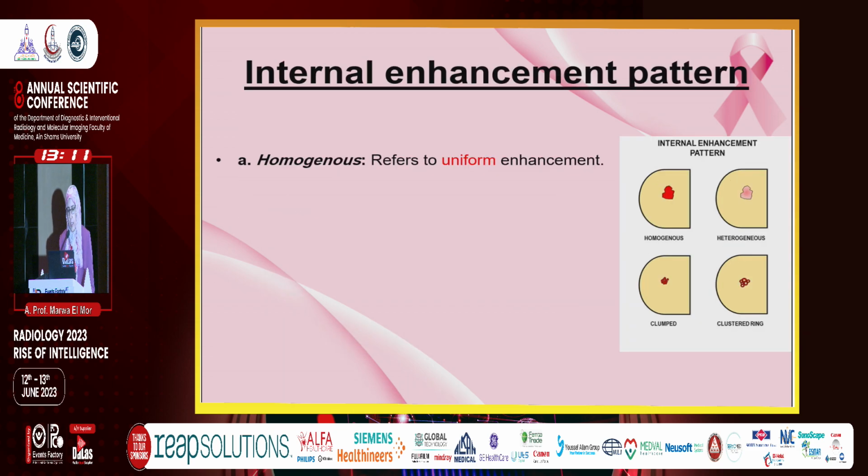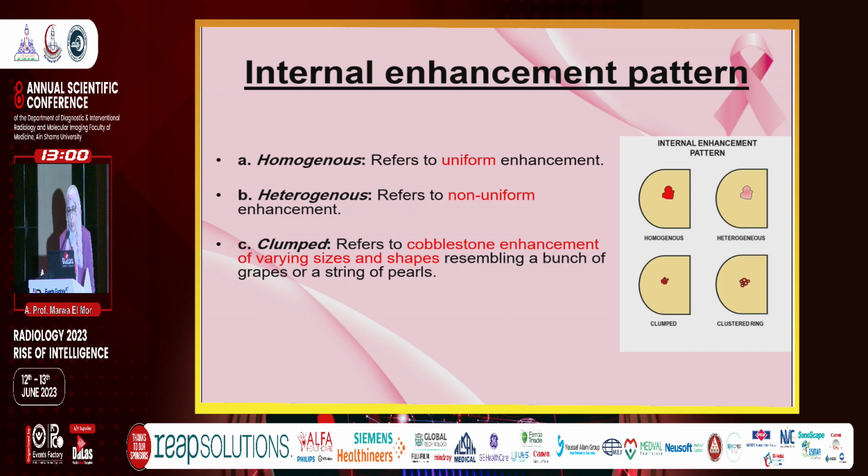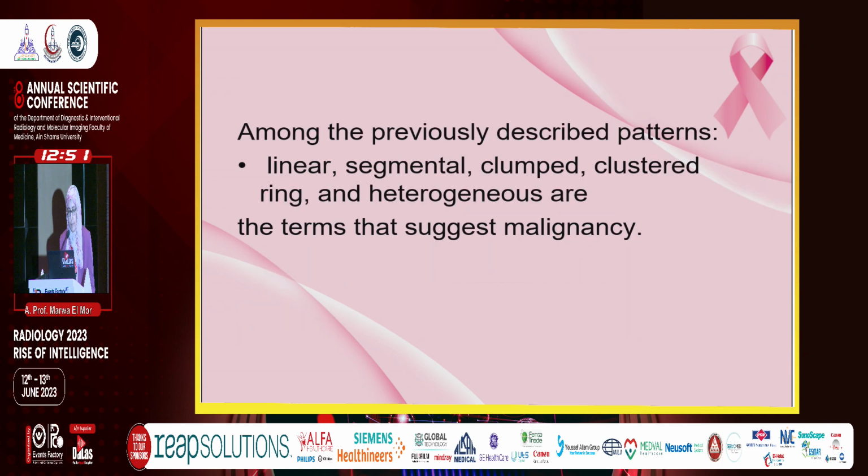According to the internal enhancement pattern, they are further classified into homogeneous, which refers to uniform enhancement; heterogeneous, non-uniform enhancement; clumped, which is cobblestone enhancement of varying sizes and shape, resembling a bunch of grapes; or clustered ring. Among the previously described patterns, linear, segmental, clumped, clustered ring, and heterogeneous are the terms that suggest malignancy.